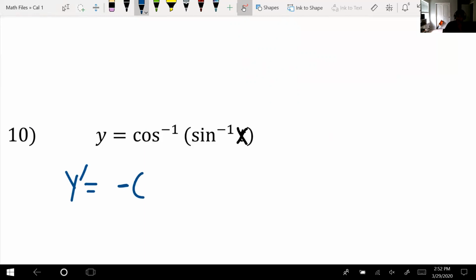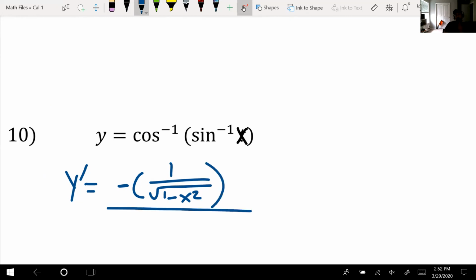Negative, and then the derivative of the inverse sine of x, that's 1 over the square root of 1 minus x squared, all of that in the numerator, over the square root of 1 minus the inverse sine of x squared.